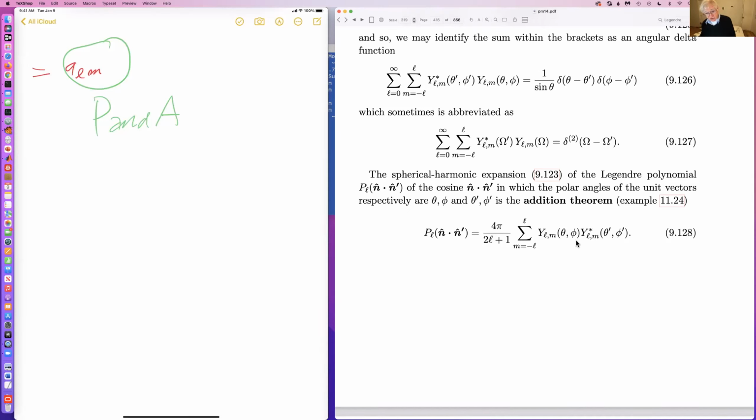If you think of it as a function of theta prime and phi prime, you can expand it as a sum of YLMs of theta prime and phi prime. The complex conjugate doesn't really make any difference because P_L is real.